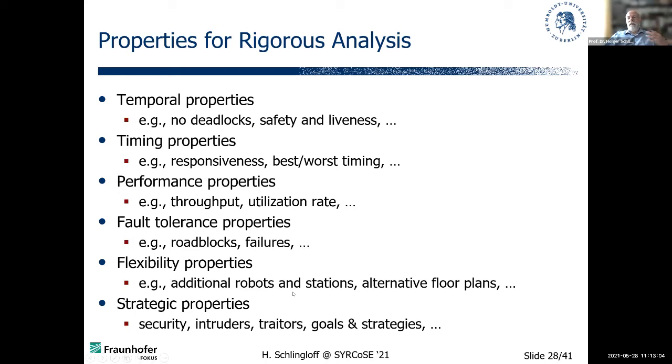How do we deal with new robots in the team or alternative floor plans? And of course, there are also strategic properties. What do you do if there are, let's say, traitor robots trying to enter the team and bring the system down? So these are properties which are worth analyzing and investigating.